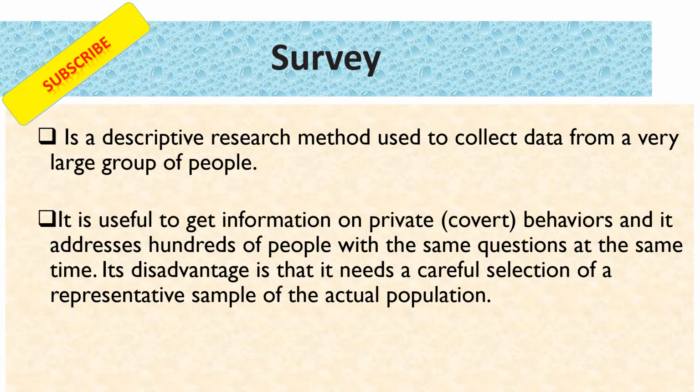So when we talk about surveys, you have to get a representative sample of certain individuals within the targeted population. And the advantage is that you can collect a lot of data at a single point in time, and you can get a lot of information fast. But the disadvantage is that you have to be very careful in selecting your sample, so that it is representative of the general population.